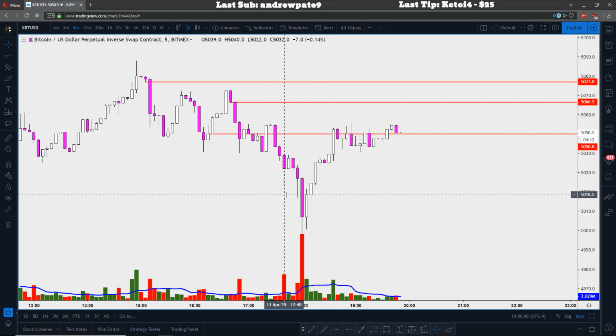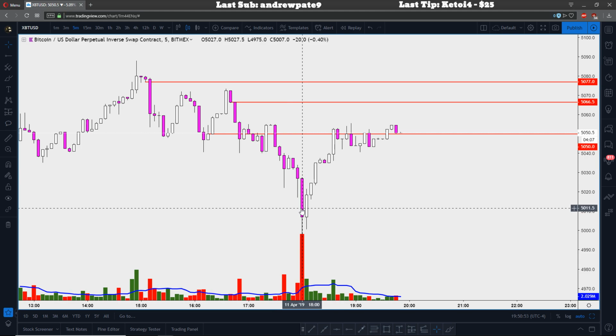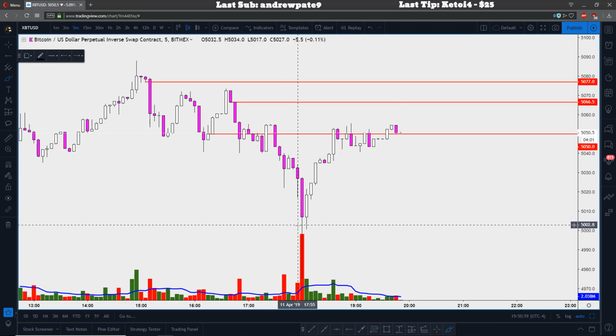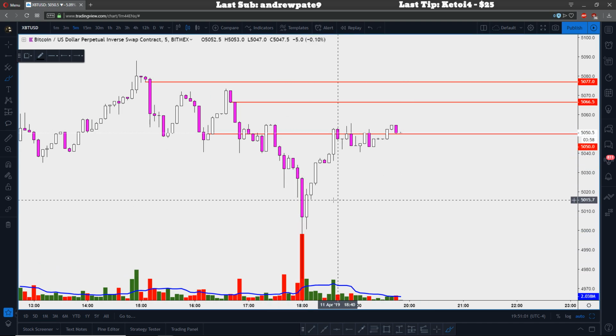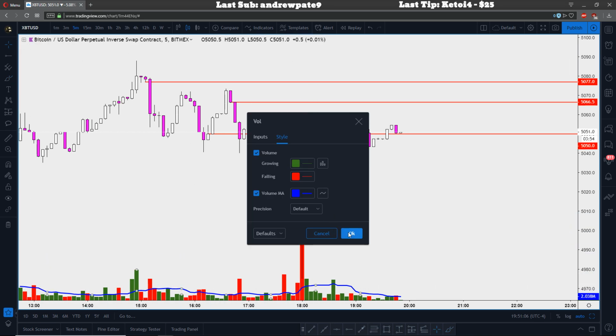One thing I can go over, this doesn't really relate to the topic, but this is a really good pattern to look out for in the future. If you guys don't know what this is here. If you see an impulse move down like this on really high volume, let me hide this volume bar here.